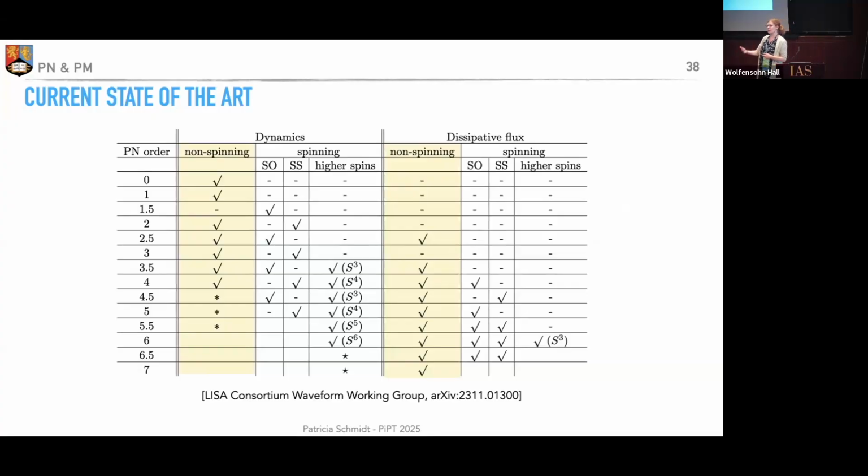So if somebody talks about the 1PN correction to the flux, in absolute terms, they're talking about a term that is 3.5PN in terms of its actual size, so to say. And so you can see where the things have been calculated. This hopefully answers the question from the colleague before, that spins occur at 1.5PN order, but the non-spinning case does not have something there. And then we have terms that are only partially computed, and that calculation is ongoing.